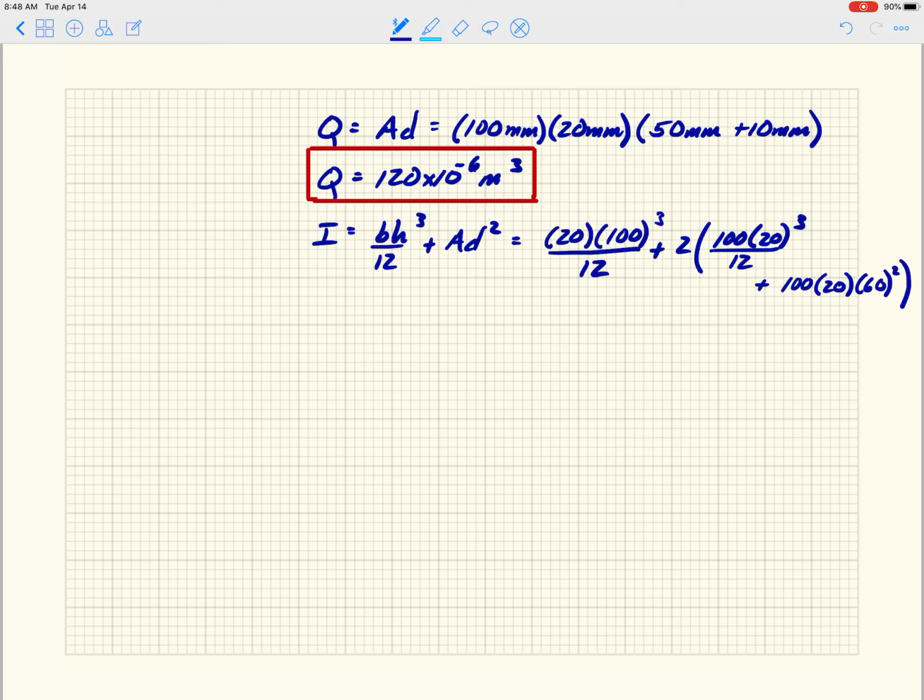Okay? So those are our two flanges. So we work all of that out, and the moment of inertia here is 16.2 times 10 to the minus 6th meters to the 4th. And I will box that in red.